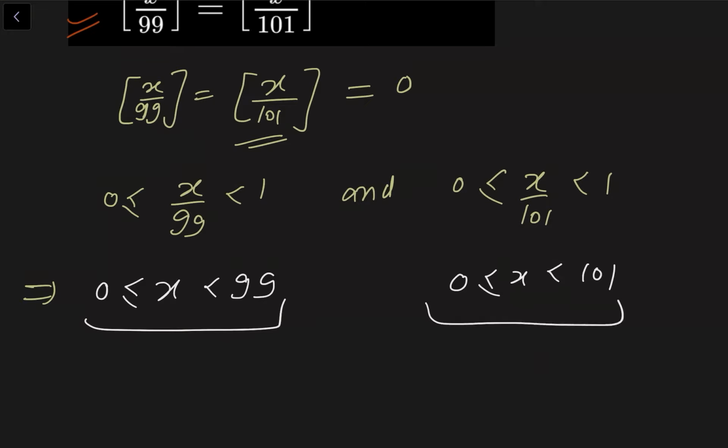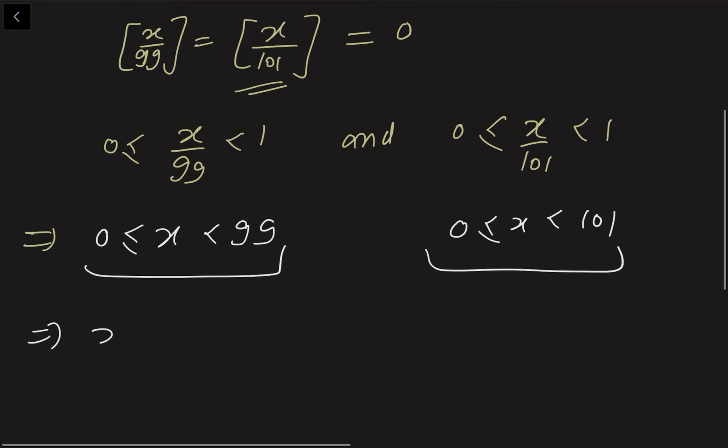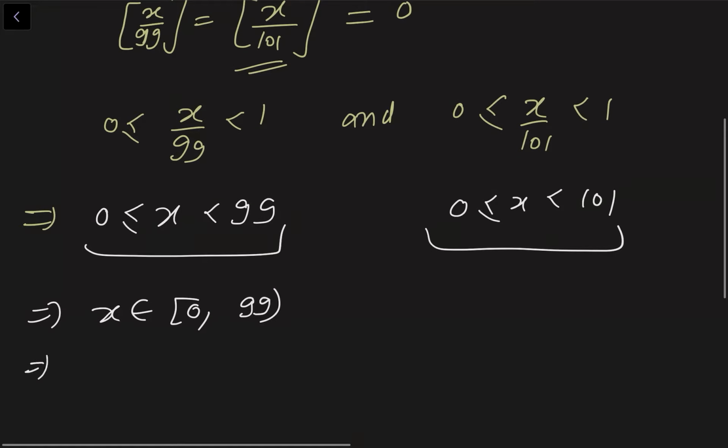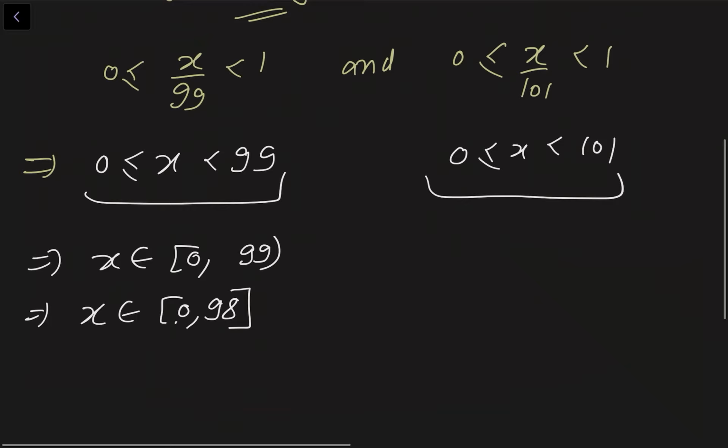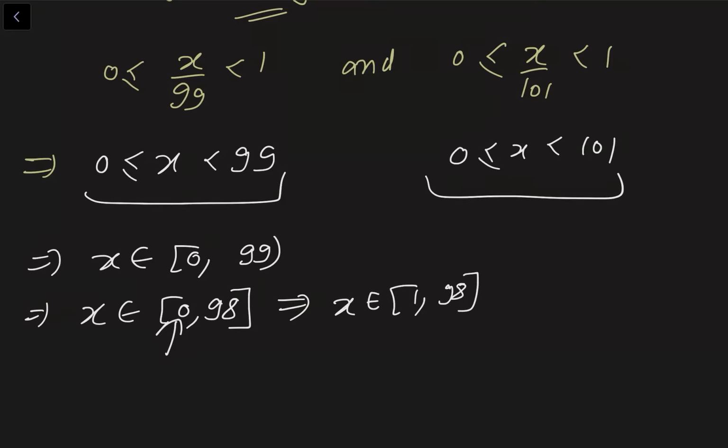The common values: x belongs to 0 to 99, with 99 open, so x belongs to 0 to 98, closed. Since we need positive integers, we reject 0, so x belongs to 1 to 98. From here I'm getting 98 values.